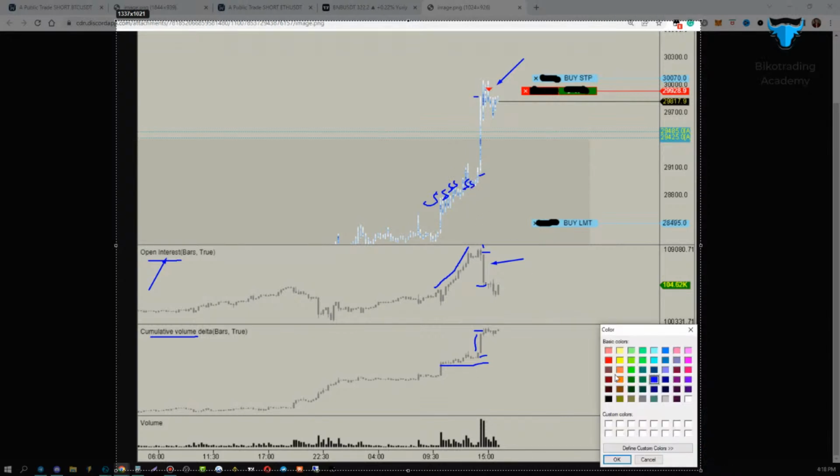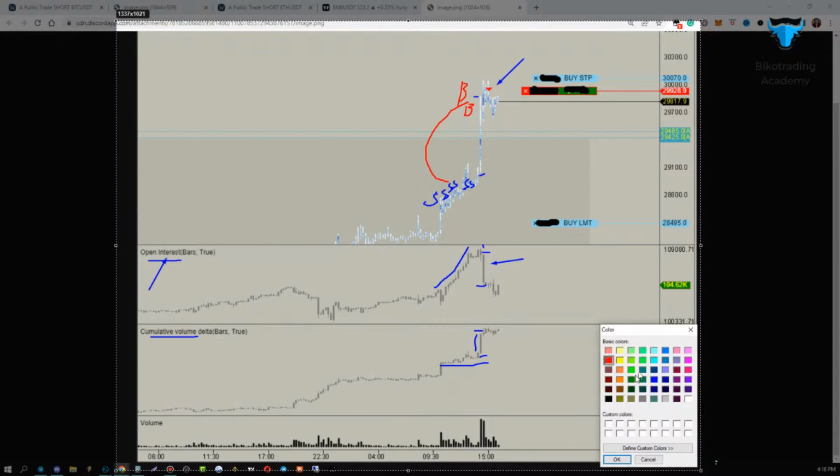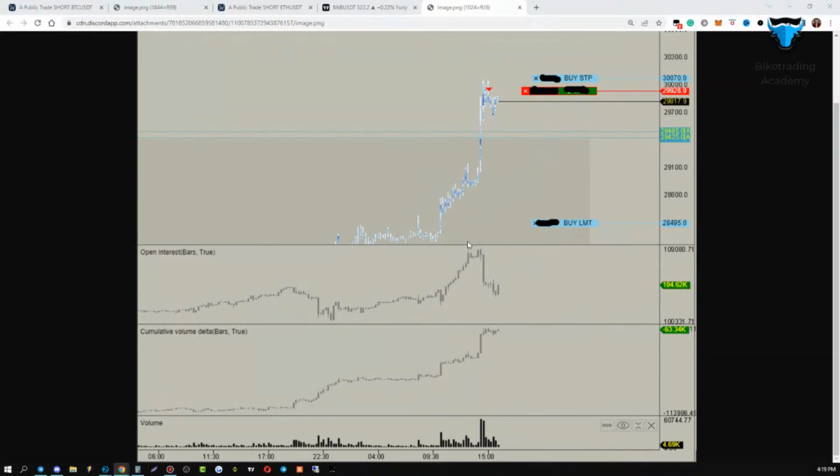And when those guys want to get out of their short positions, they are forced to cover with buyback. For market makers, it is the best liquidity to build shorts or cover their longs that they built way below. That's how market liquidity works.